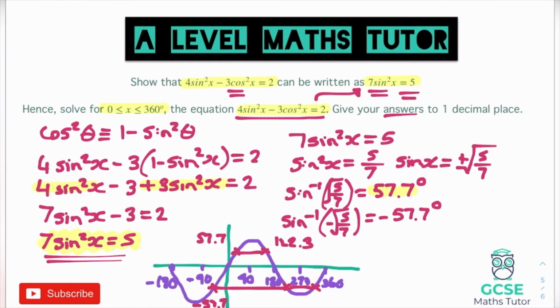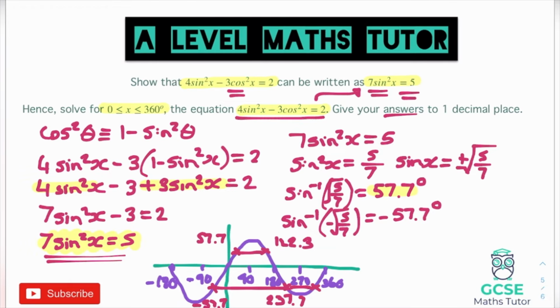To find that one, if we add 57.7 to the 180, that is going to find our next solution. So 180 add 57.7, and make sure you type that in correctly, and that comes out as 237.7. Again we can do that for the reverse.